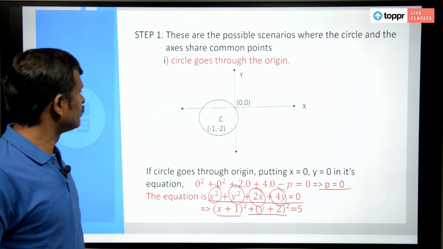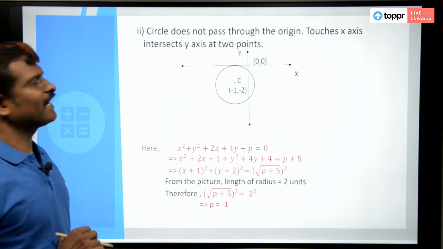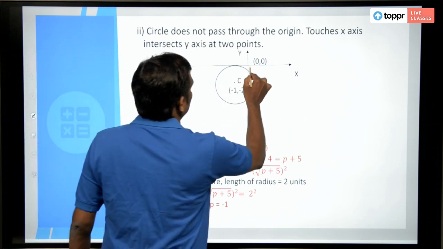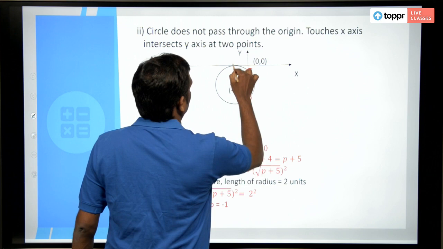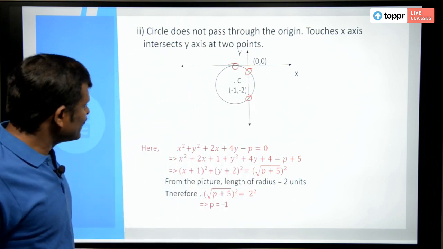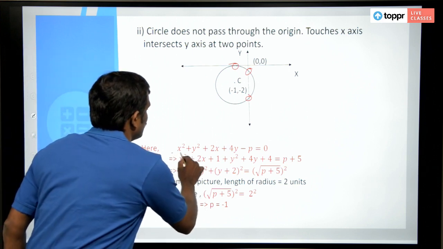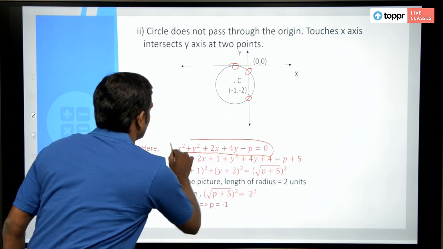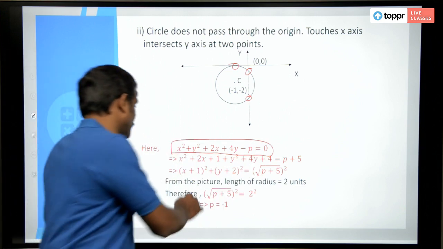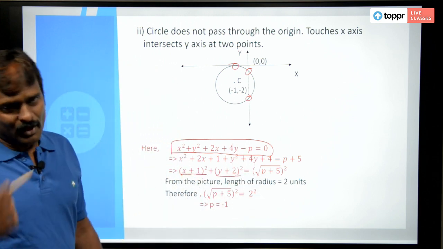Next, what is the next possibility here? It is touching the x axis and intersecting the y axis at 2 different points, here and here. This is a possibility. So, in this case, the circle's equation is given to us, and I am trying to complete the squares. As in the previous case, I completed the squares: x plus 1 whole square plus y plus 2 whole square.